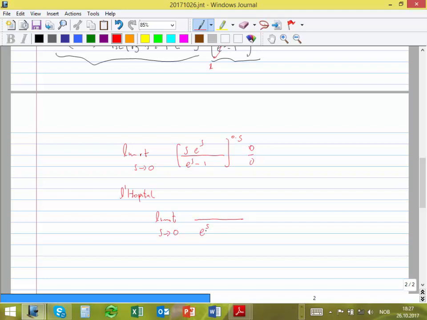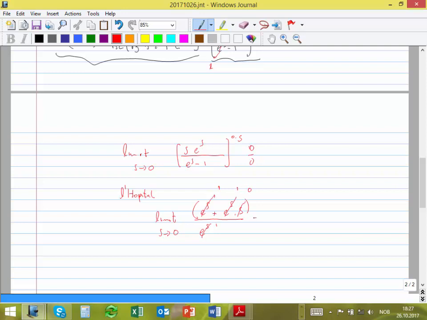So the limit is at 0, and then I derive this equation, and how much do I get? e to the s. I got rid of the 1, and then this is a sum, so this is e to the s plus e to the s times s. The exponential, when I derive it, is the same, so that one will be 1, this one will be 1, this one will be 0, and this one will be 1.